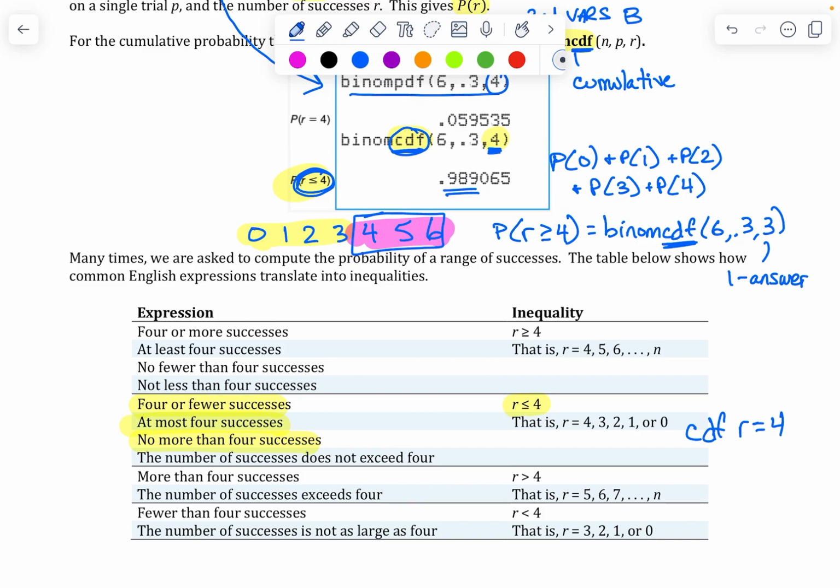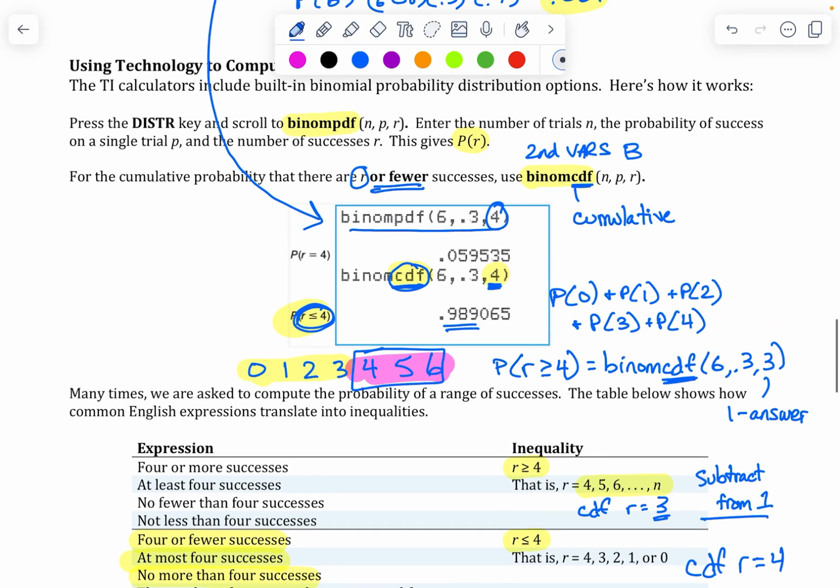If you want greater than or equal to 4, that's trickier, right? So that means 4 or more, which means you have to have a CDF where R is 3 or less, and then subtract from 1. Okay, that's the idea.